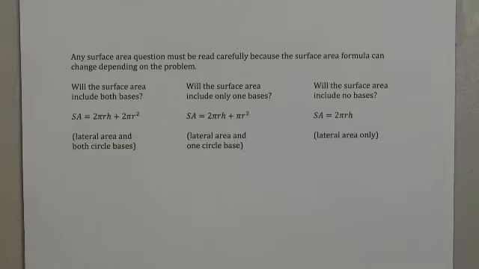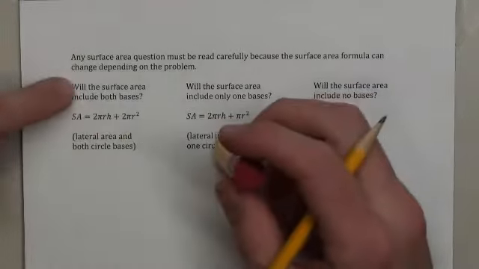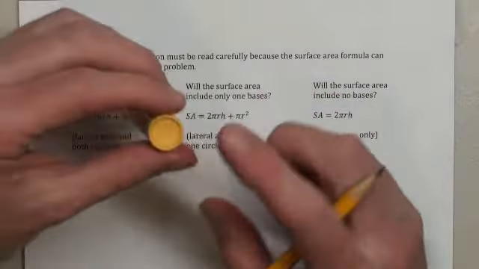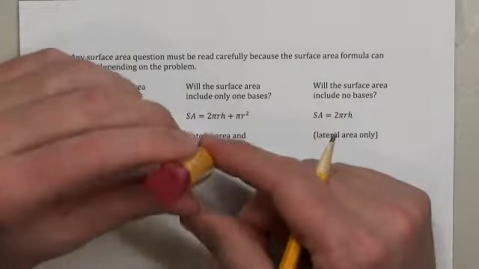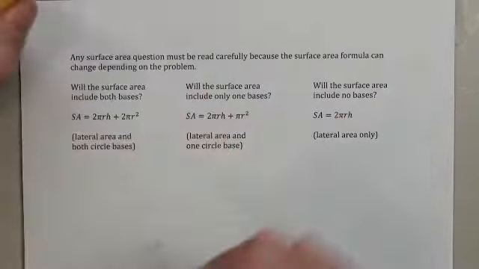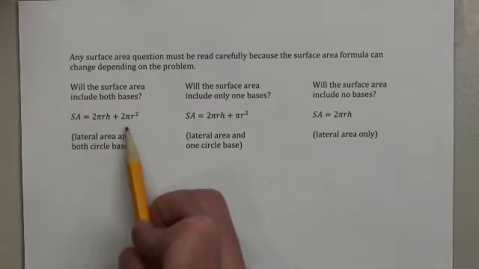So write that down and then write this little chart looking thing here. Now there's 3 cases, right? In one case it says, will the surface area include both bases? So if this is a closed cylinder, which is what we've been talking about, it has a top and it has a bottom, then it's the surface area formula that we just talked about.